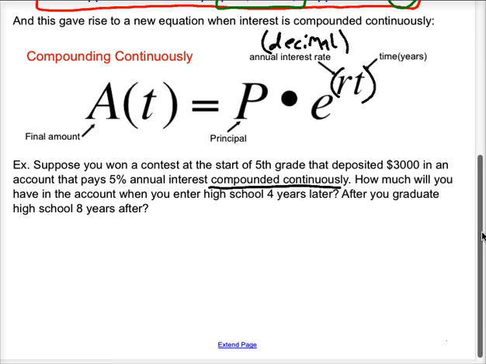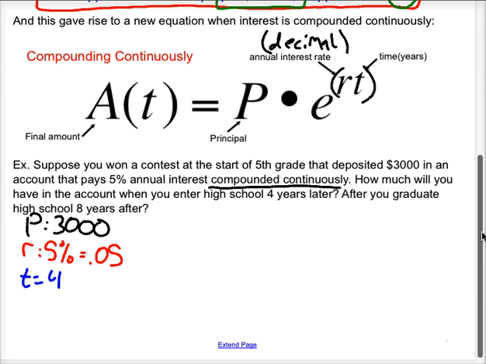All right. So let's begin by picking out some of that information. We're starting with $3,000. We have a rate of 5%, but again, we need to change that to 0.05. Never ever leave it as a percent. And in our first case, the t that we're looking for is 4 years.